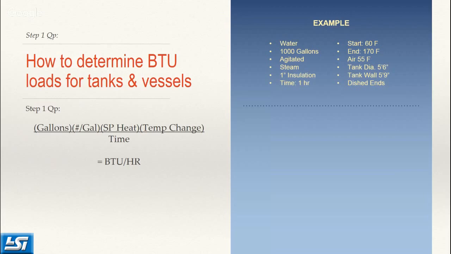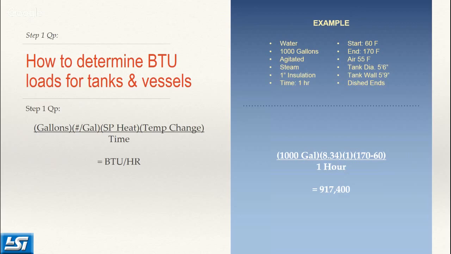Our ending is 170. The ambient air outside of the insulated tank is 55 degrees. The tank is 5'6" diameter. The wall height is 5'9", and it has ASME dished heads on both ends.